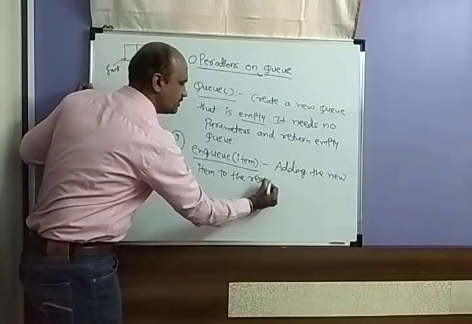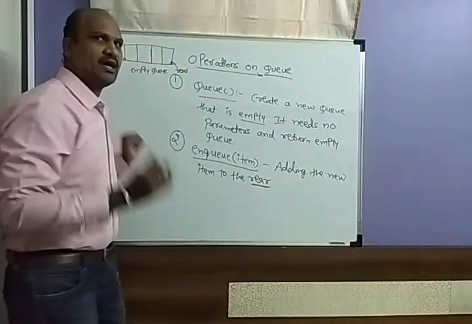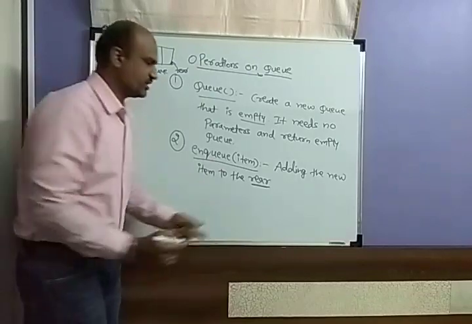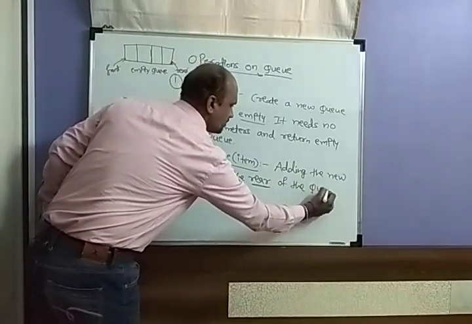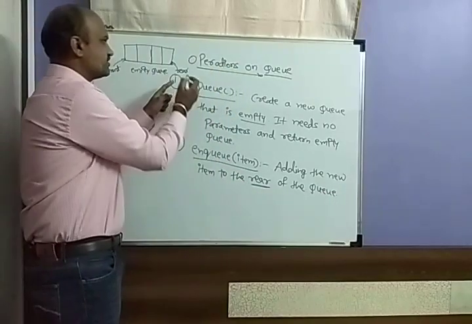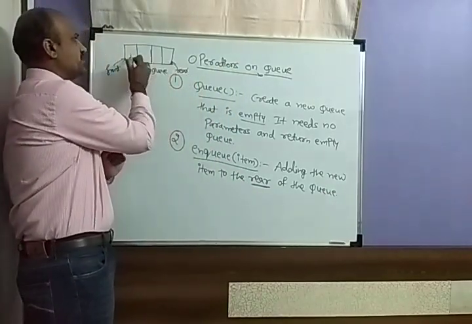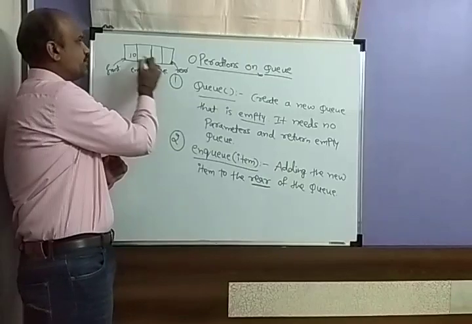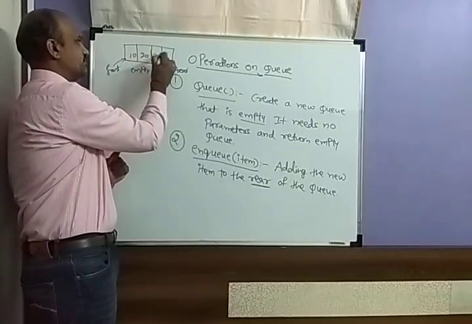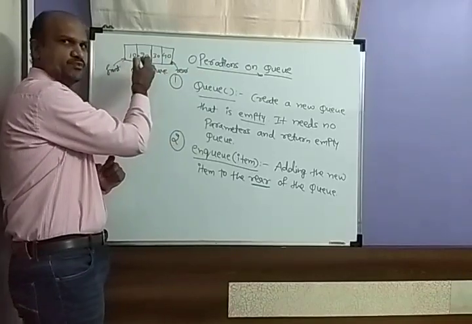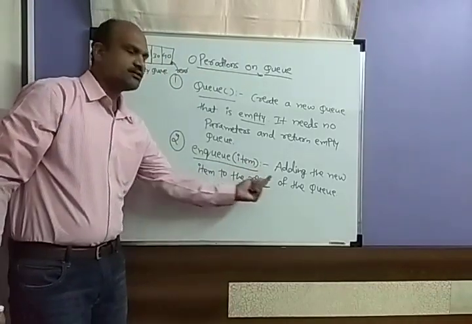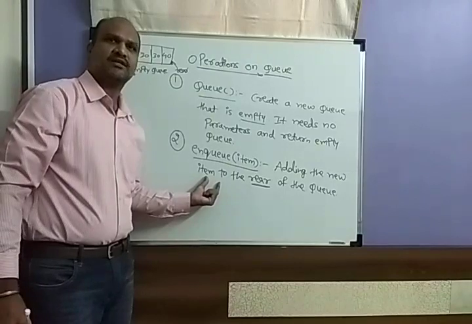As I told you, the rear is for adding the items. So here is the rear where we will add the items. We are adding the items from this rear end of the queue.